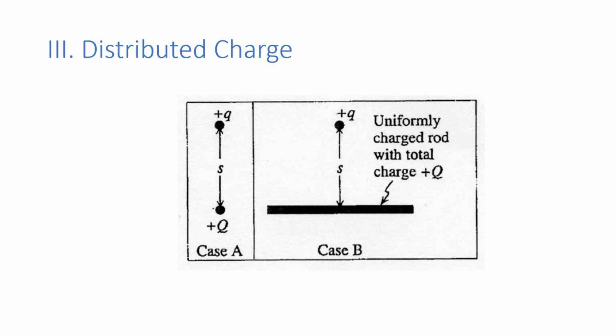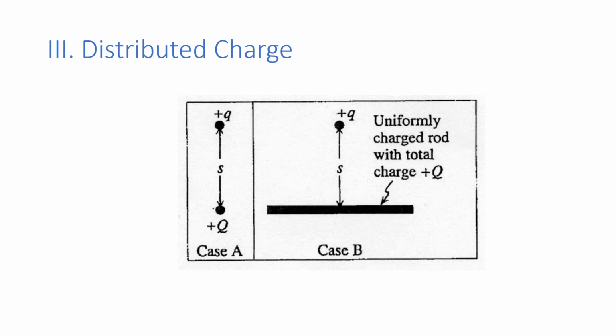So the total charge of the rod is capital Q. We can simply imagine this rod being a collection of point charges, but the center point charge is no longer capital Q, it is way smaller than that. So definitely the force from the central part of the rod is not as big as it was in case A, where all the charge was Q.